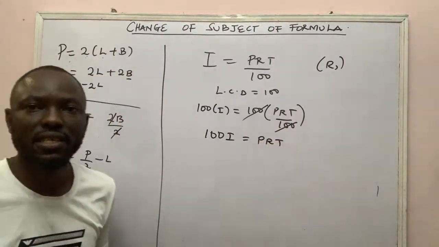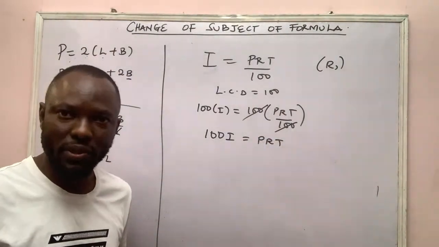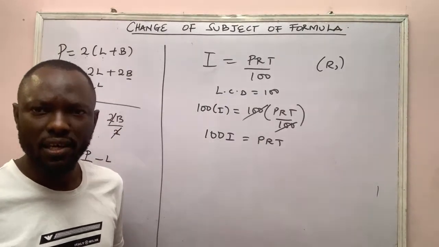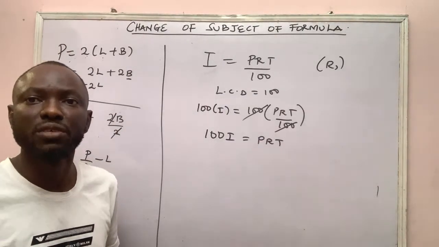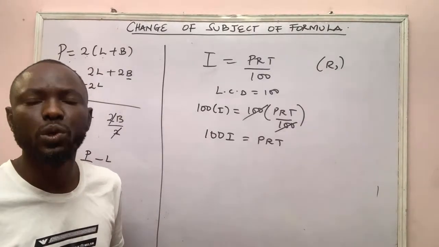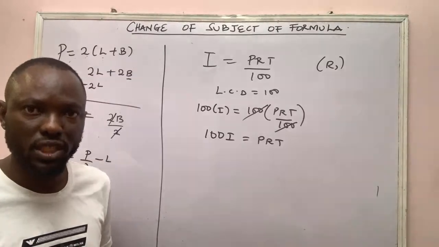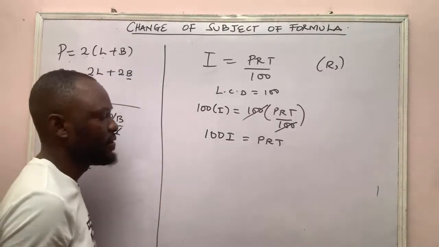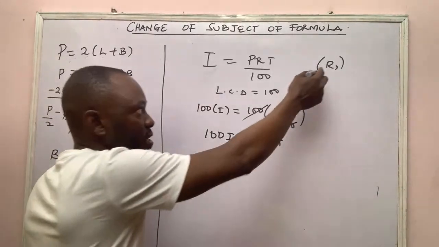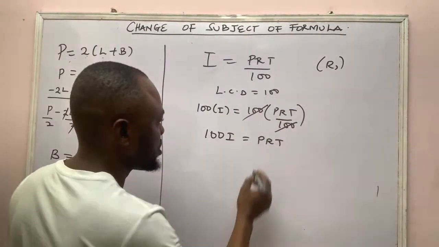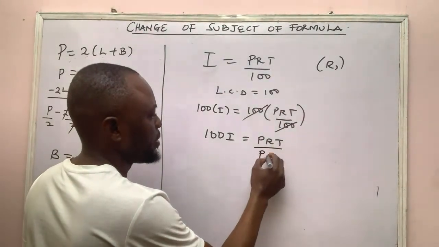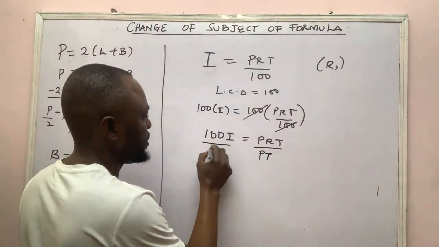So you have 100I equals PRT. I'm using this way because I started with teaching you how to make use of the LCD. When you have any expression in fractional form, you look for the lowest common denominator and then you multiply the equation through by the lowest common denominator. So that's what I did here. We want to make R the subject, so we need to divide through by PT over PT.